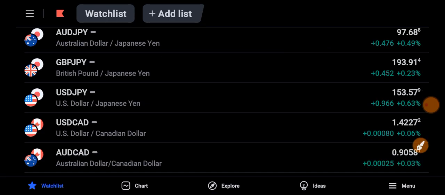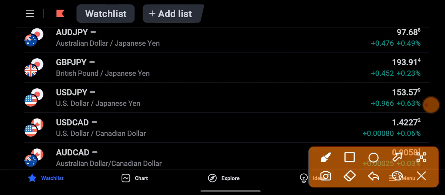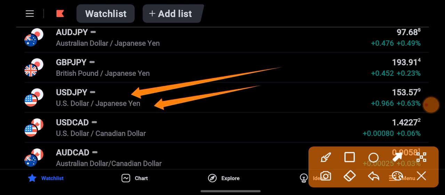If you don't know how the pairs are arranged, let's take USD JPY for example. What you see here is how much of the Japanese yen you are going to need to get one US dollar.